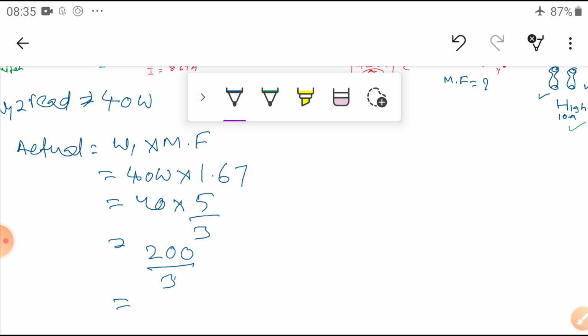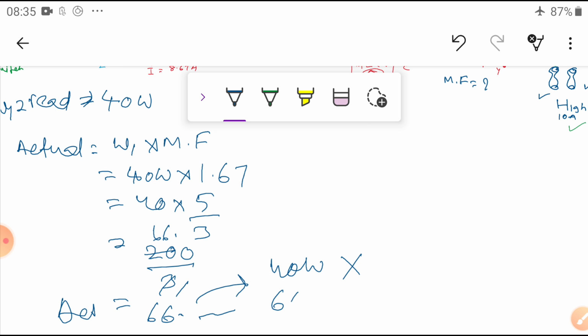So, 3 ones are 3, 3 sixes are 18, and so we are going to get a 66 point something value. So, this is the actual value. Instead, if you take the 40 watts, it is wrong. So what is the value? 66 watts is the correct value.